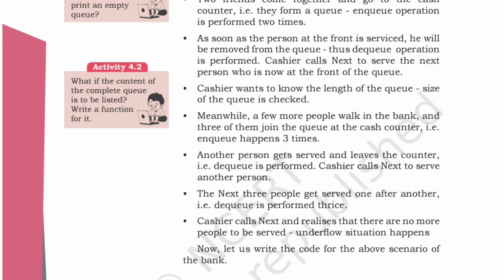Then meanwhile a few more people walk into the bank and three of them join the queue at the cash counter. Again what happens, three people join the cash counter, so NQ happens three times.